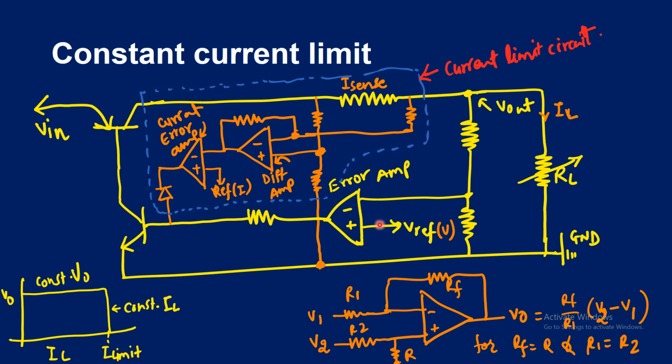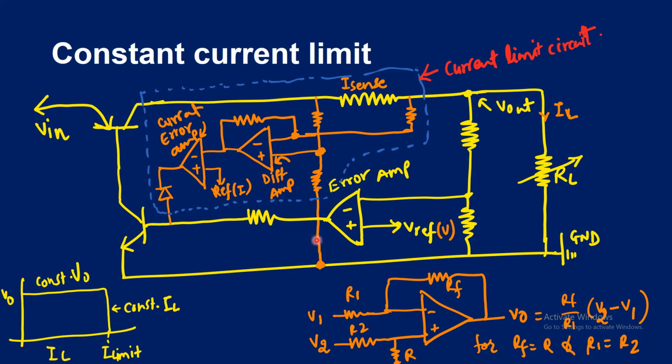The regulator is maintaining its operation in constant voltage mode. However, when the load current reaches the limit threshold, you can see in the graph, the IL is below the I limit, so the output voltage is constant. However, when the current reaches the I limit, the output voltage falls down, and the regulator enters into constant load current mode.